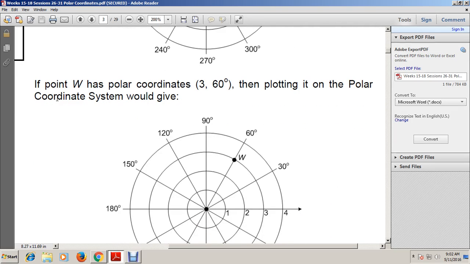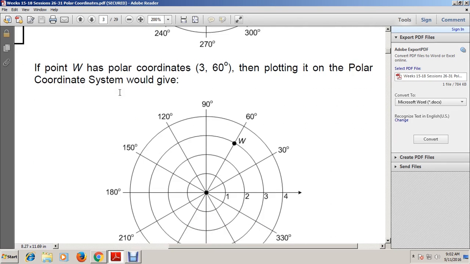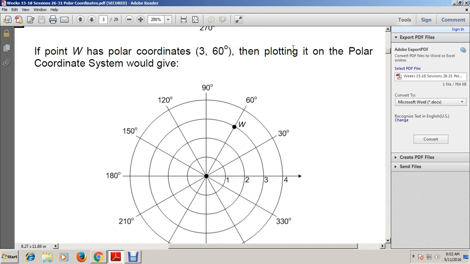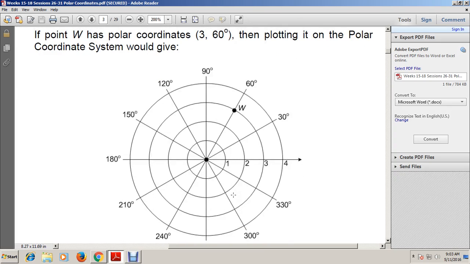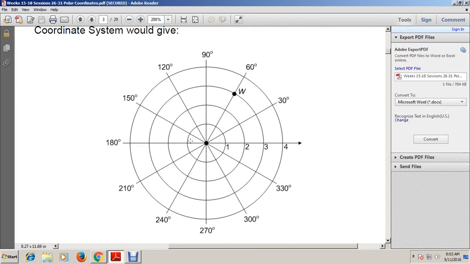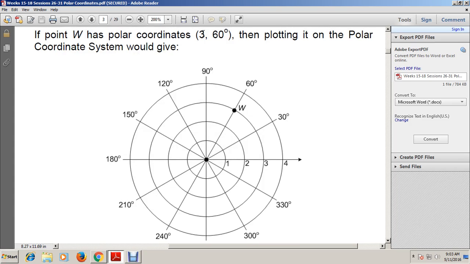Okay, so if point W has a polar coordinate (3, 60 degrees), then plotting it on the polar coordinate system would be like this one. If you make use of a scale wherein one unit of the scale in our Cartesian coordinate system represents one measure, then the point W, which has three measures of that unit, would correspond to 3 units in our scale.